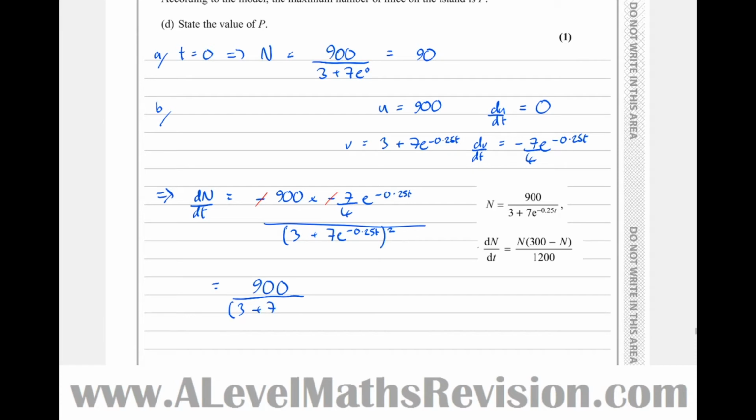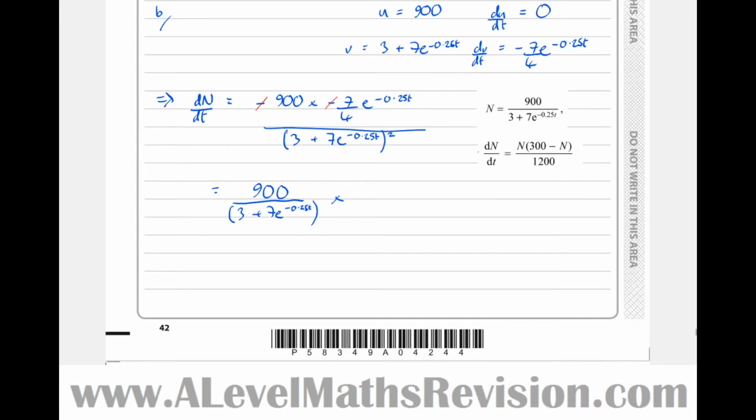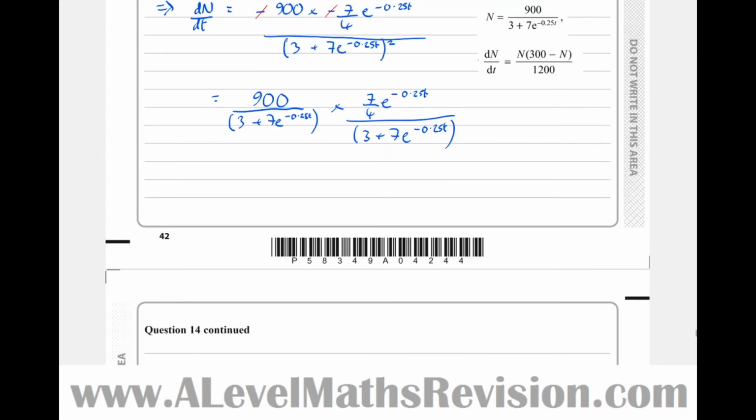So 900 over 3 plus 7e to the minus 0.25t times, and let's just go with what we're left with here, which is 7 over 4 e to the minus 0.25t over 3 plus 7e to the minus 0.25t. And notice that this bit here is equal to n, as per what we were given in the question.